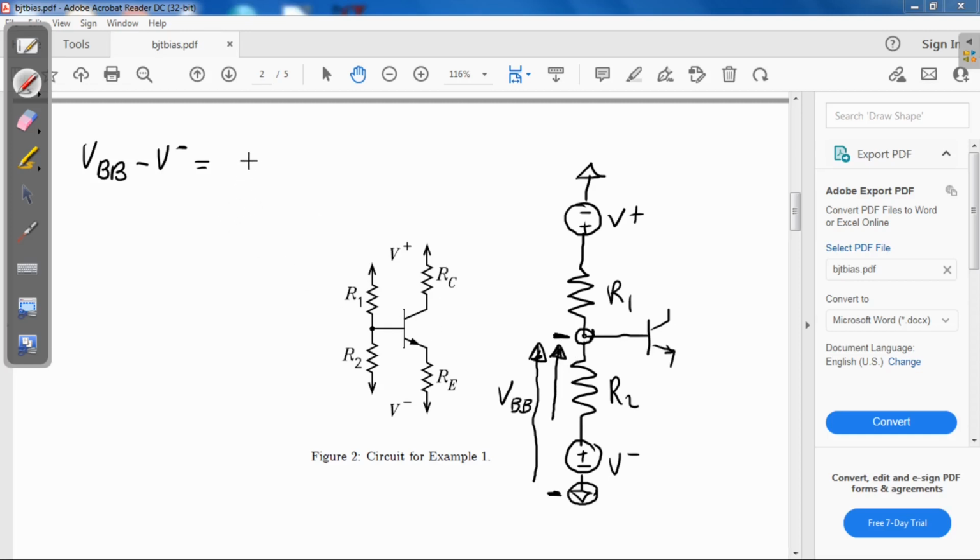Okay, so it's equal to R2 divided by R1 plus R2, that's the voltage divider, times this voltage.